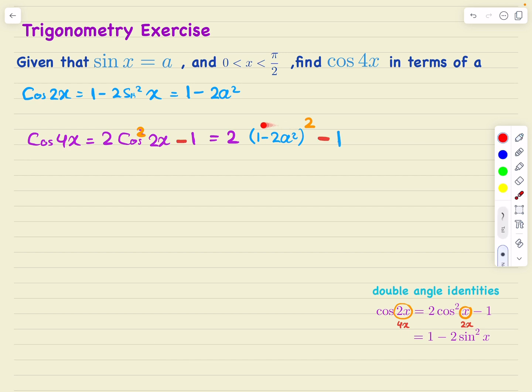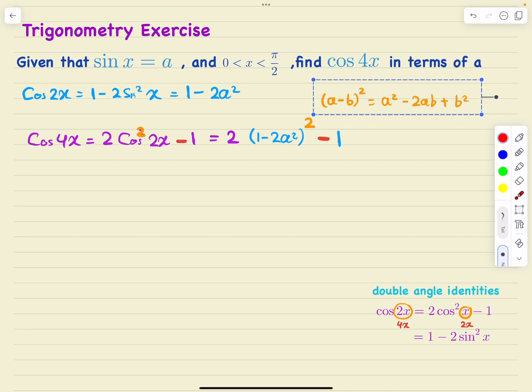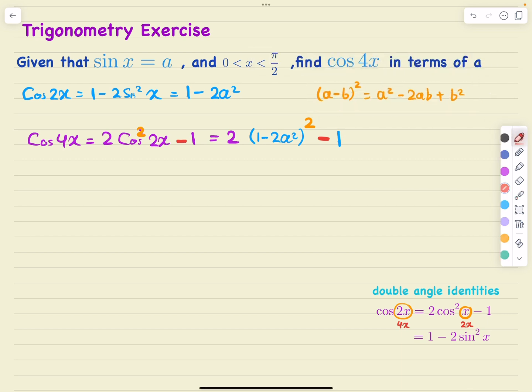Now, we will expand this bracket 1 minus 2a squared depending on this formula here. So first we keep the 2 as it is here, and then when we expand this, first we square the first one, so here we square the 1, it will be 1, then minus, as you see here, 2 multiplied by the first one by the second one.